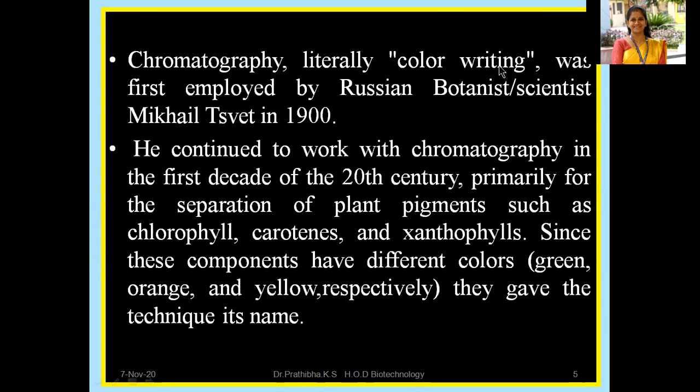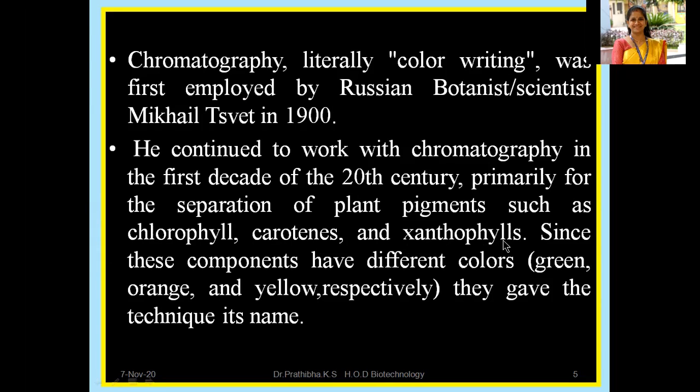Chromatography, literally color writing, was first employed by the Russian botanist Mikhail Tswett in the year 1900. In some books they mention 1906; you can write any one particular year. He continued to work with chromatography in the first decade of the 20th century, primarily for the separation of plant pigments such as chlorophyll, carotenes, and xanthophylls.